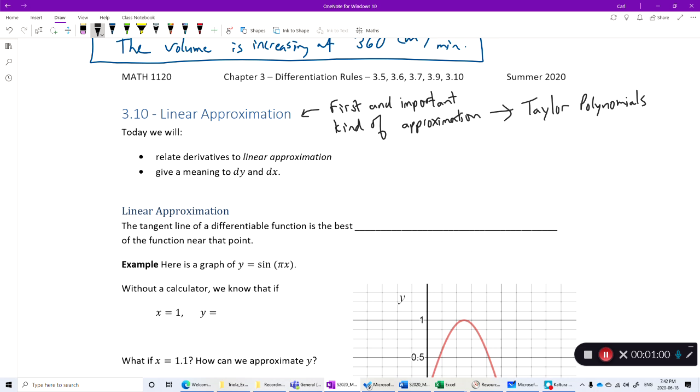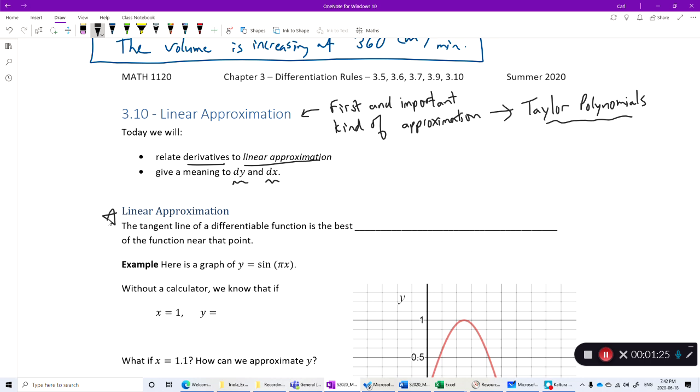Taylor polynomials take that to the infinite degree, and use extremely high degree polynomials to reproduce other functions. But we're starting here with this in mind as the ultimate goal. Okay, so we're going to relate derivatives to this idea of linear approximation, and we're actually going to give a meaning to these dy and dx symbols that we've been using up to this point.